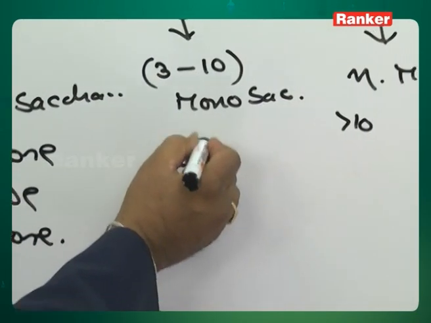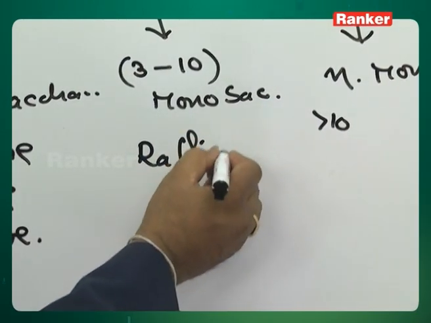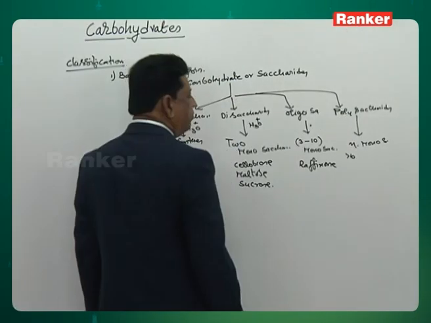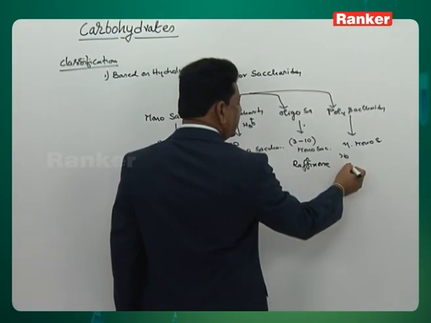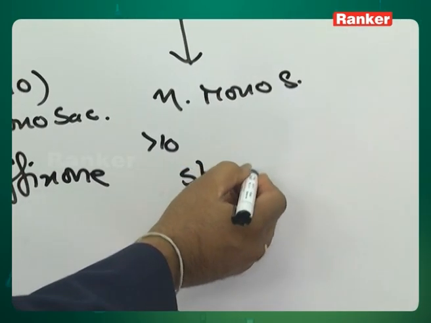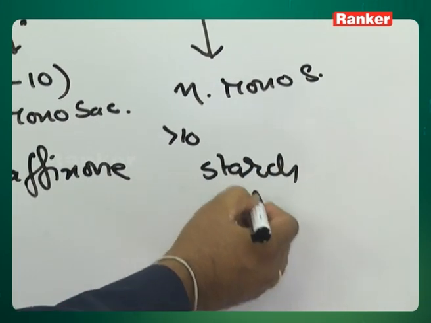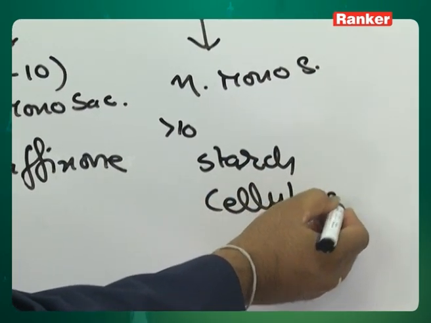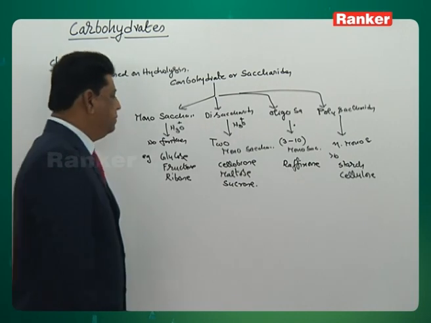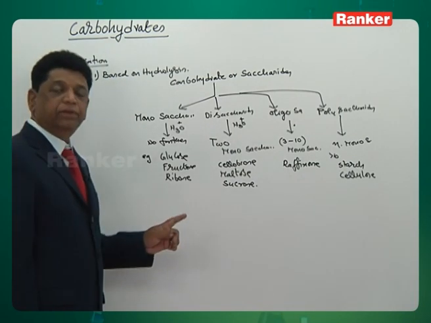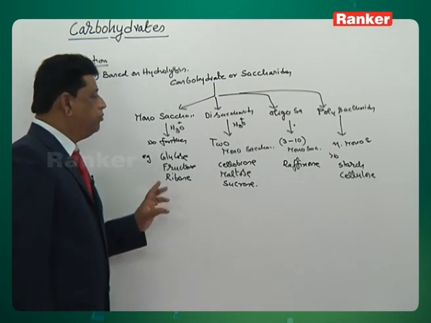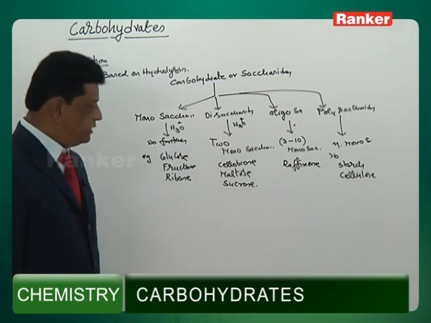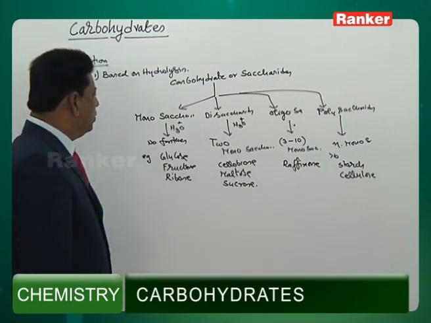Raffinose is an example for the oligosaccharides. Among polysaccharides, starch is the best example, and cellulose is also one of the polysaccharides. Questions are based on these examples, so you may collect some more examples for each variety and go through them.